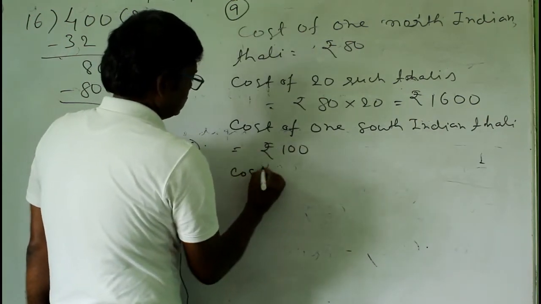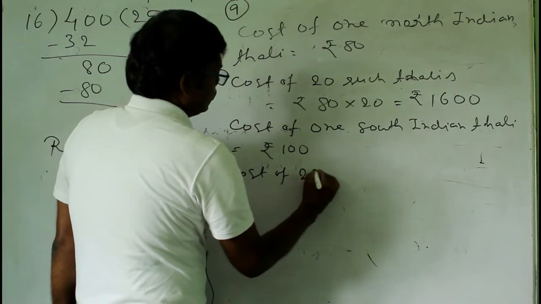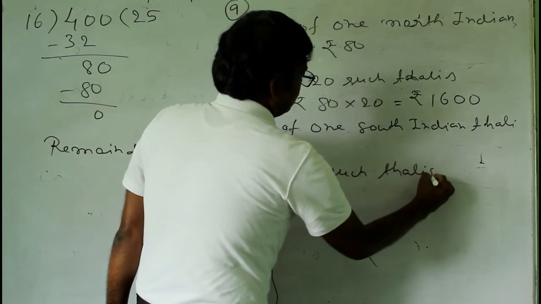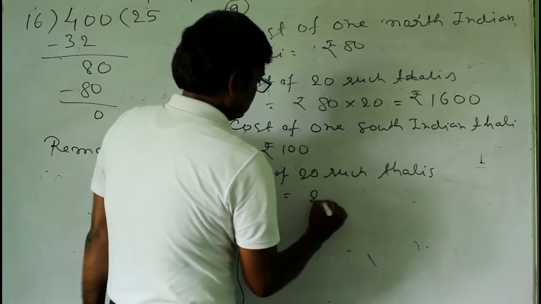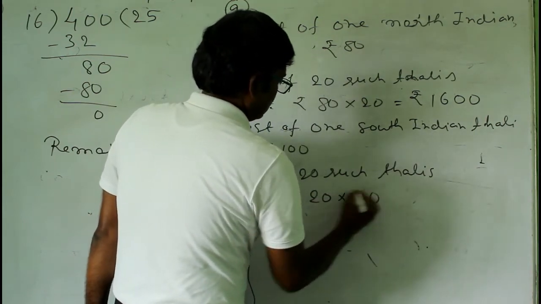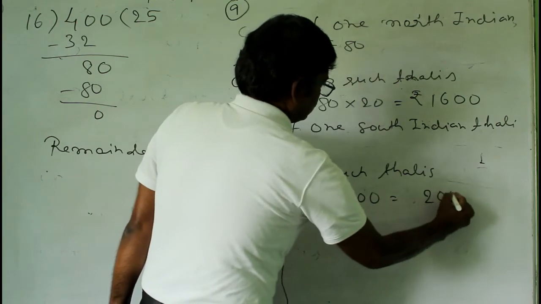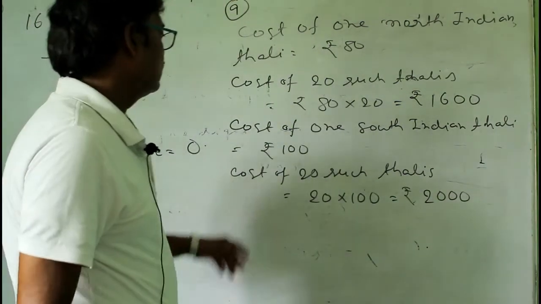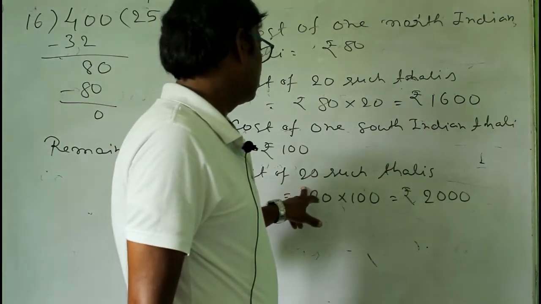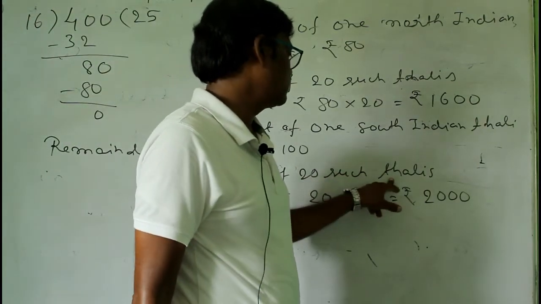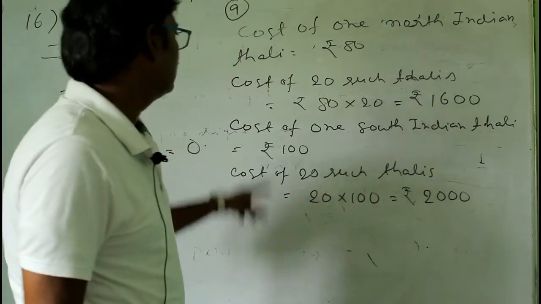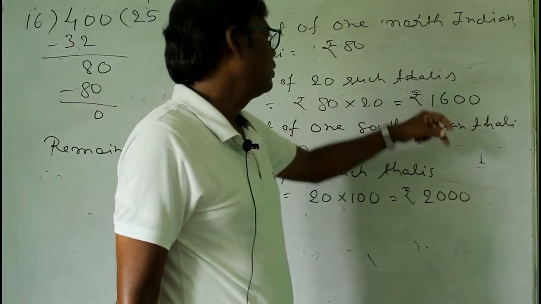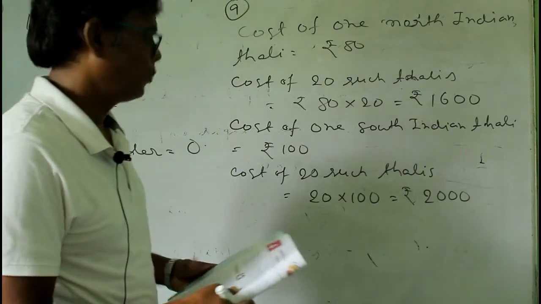So the cost of 20 such thalis equal to how much? 20 into 100, that is 2000 rupees. Okay, so the cost of 20 South Indian thalis equal to 2000 rupees, and the cost of 20 North Indian thalis equal to 1600 rupees.